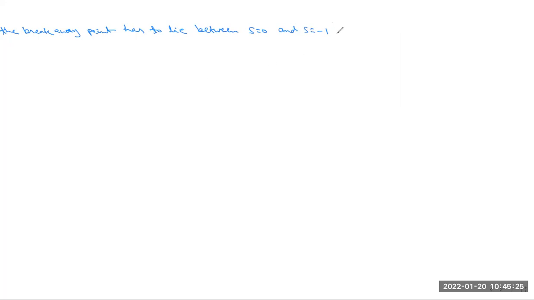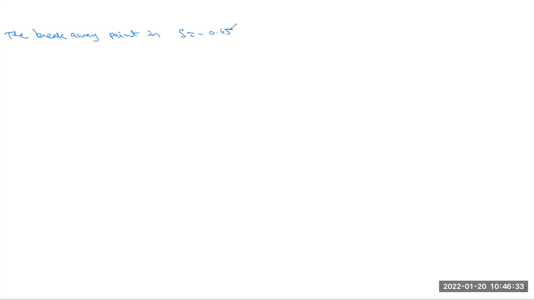The breakaway point is s equals minus 0.45.